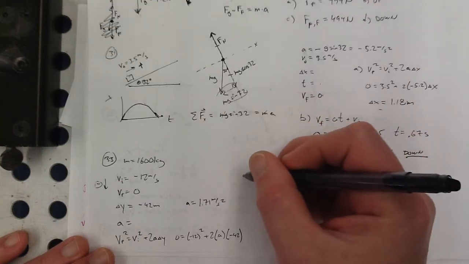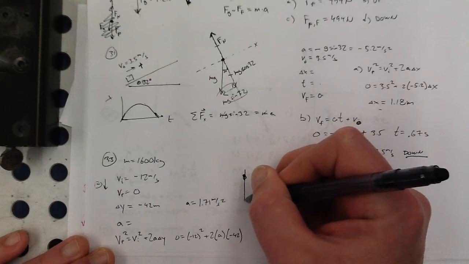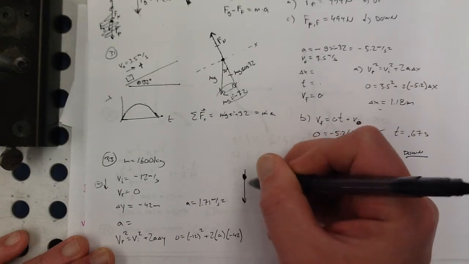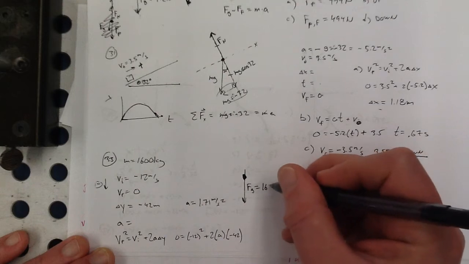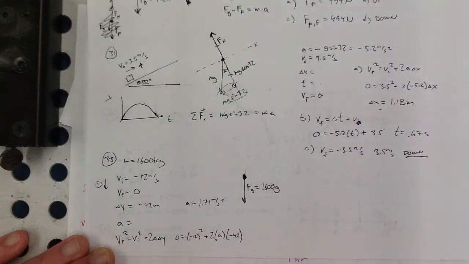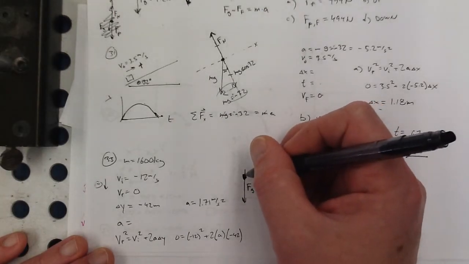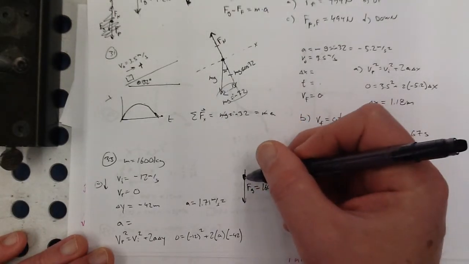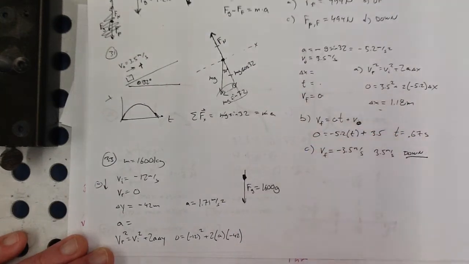Okay, so what do we have here? The gravitational force on the elevator is its mass times 9.8, 1600 g. And now if it's slowing down, is the tension in the cable going to be equal to, bigger than, or smaller than that gravitational force?